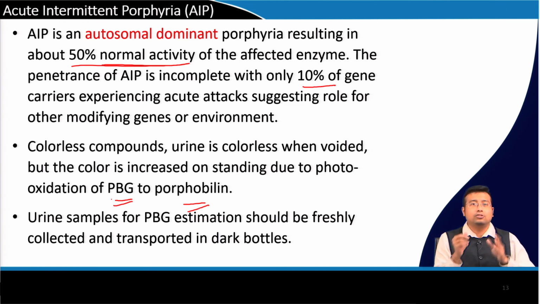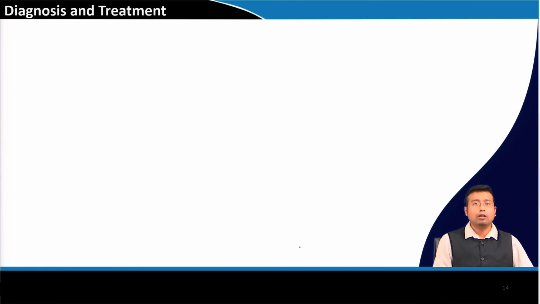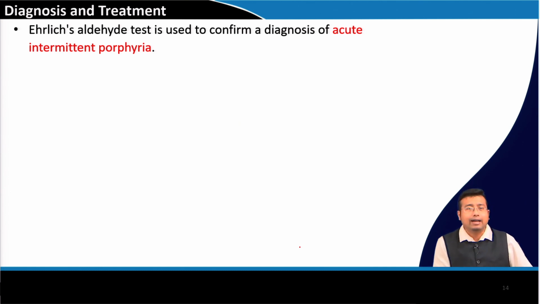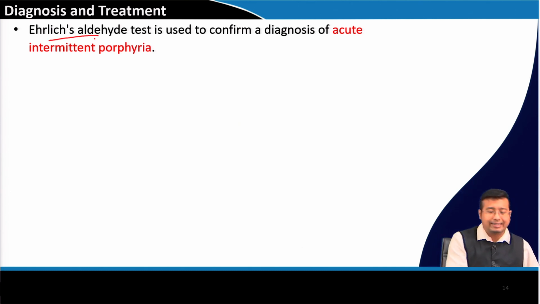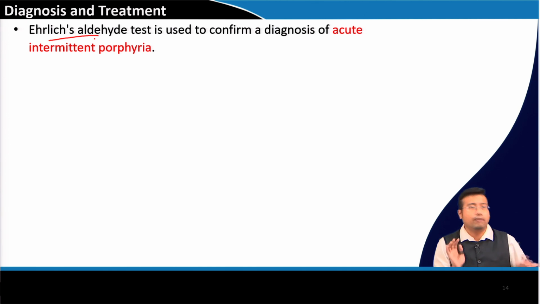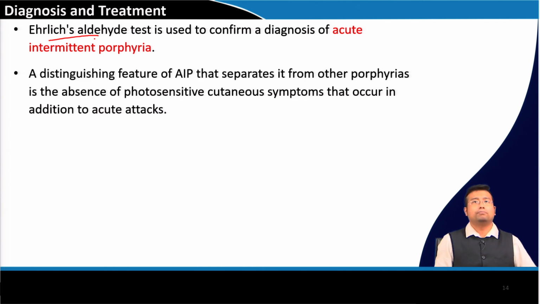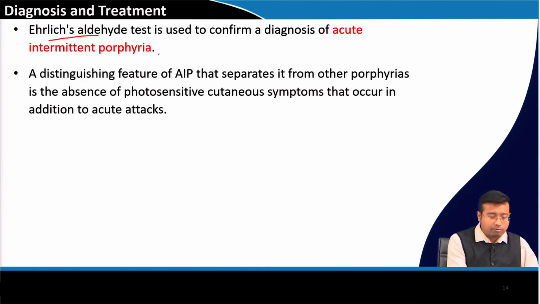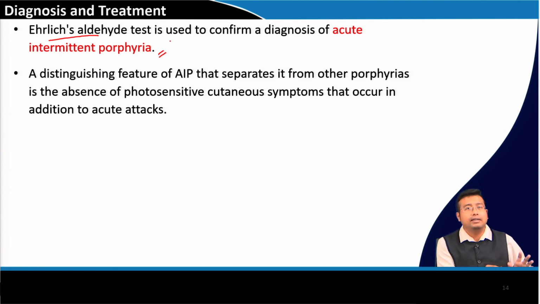So, urine is colorless to start, during voiding, it will become dark colored upon standing, right. So, urine samples for porphobilinogen estimation should be freshly collected and transported in a dark bottle, because light helps in transformation of porphobilinogen to porphobilin. So, how can it be diagnosed? Ehrlich's aldehyde test is used to confirm the diagnosis of acute intermittent porphyria. So, this is very important, the name of this test. Okay. We will again be discussing the mechanism of this test later.